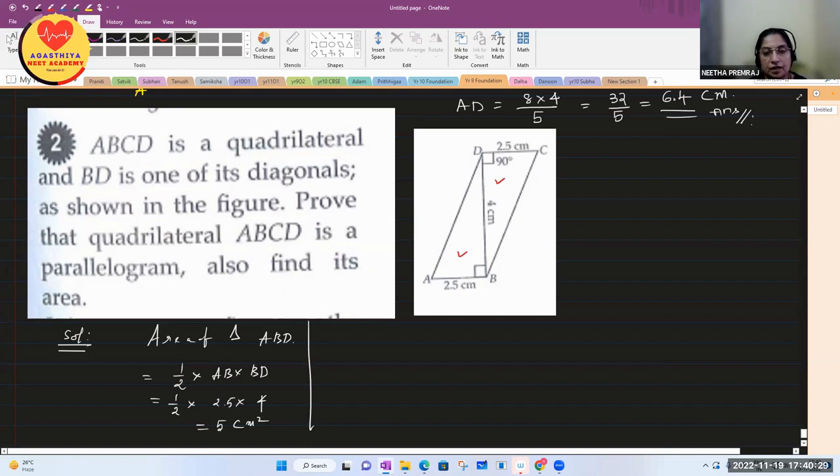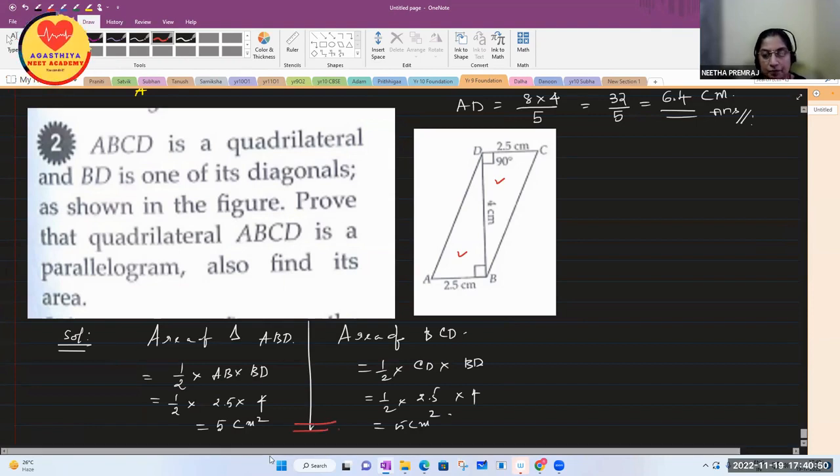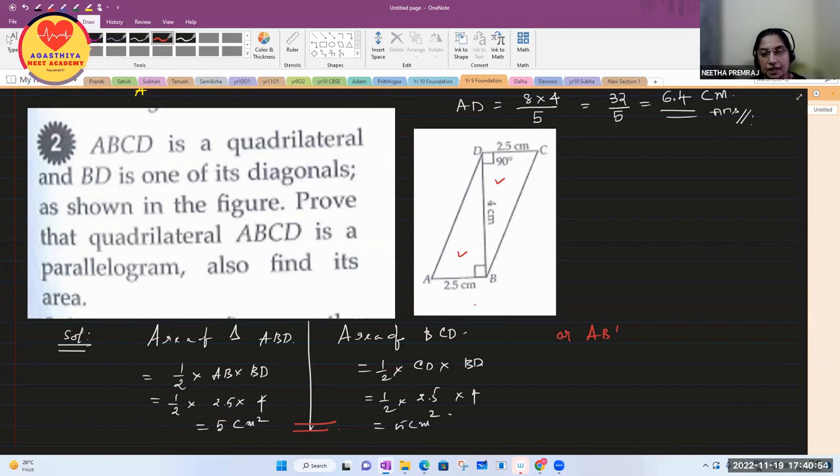And area of BCD is half times CD into BD, that is half times 2.5 into 4, that is also 5 centimeter square. So areas are equal: area of ABD is equal to area of BCD.